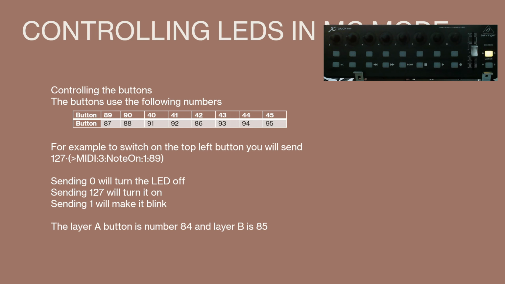There's no idea of dimming or brightening. It's just off, blink, and on. And the addressing is really odd. 89, 90, then 40, up to 45, then 87, 88, 91. And these buttons here, if you want to light those up, that's 84 and 85.